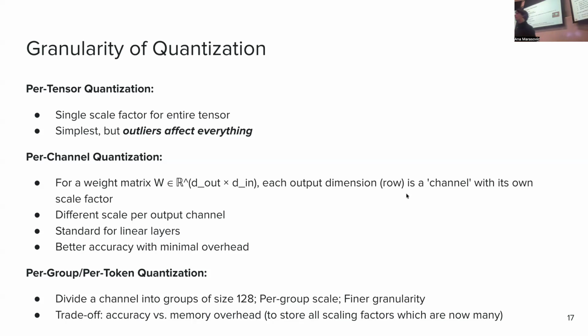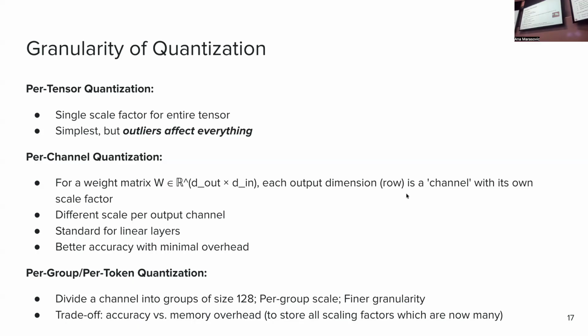And then finally, even that can cause issues. Even within a row, we can have outliers. So the most advanced, but computationally starting to become a concern, solution is to also divide each row into groups. Today dimensions can be like 4,000, say.